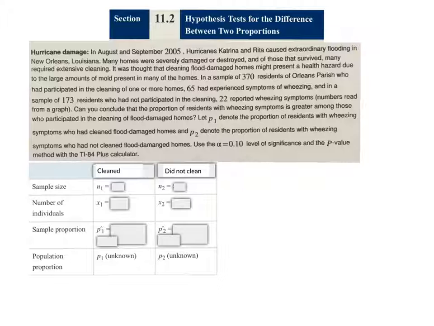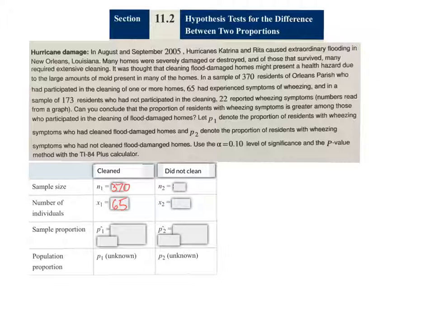So from those that cleaned, who participated in cleaning, in a sample of 370, so that's our N, 370. Of those, it told us that 65 of them had wheezing problems.